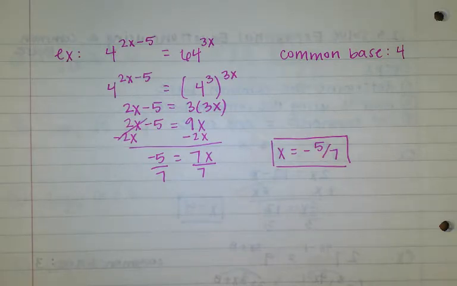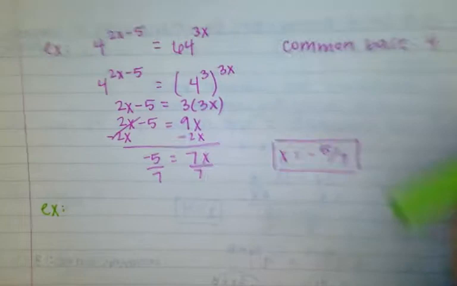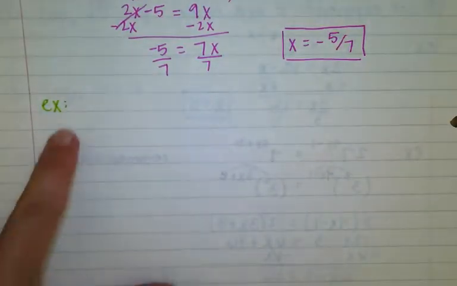Okay, let's try another one. How about we do one that has a fraction, your favorite. Okay, I feel like this color is a little harder to see, so let me switch to something darker.